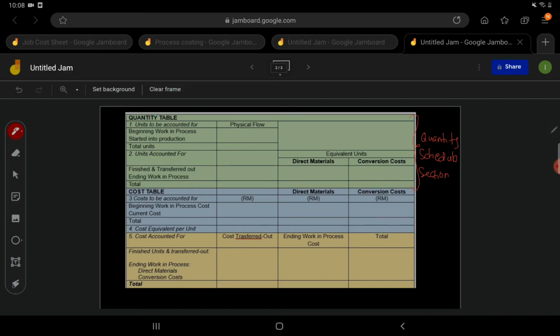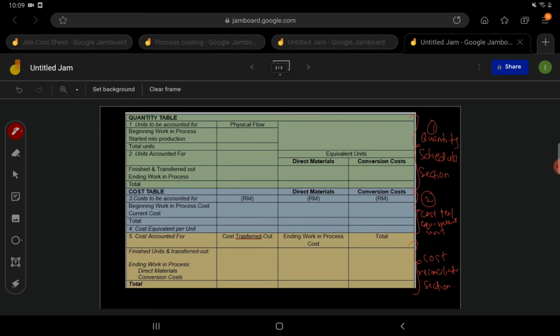And then the second part is cost per equivalent unit. And lastly is the cost reconciliation part or section. We will go through one by one.